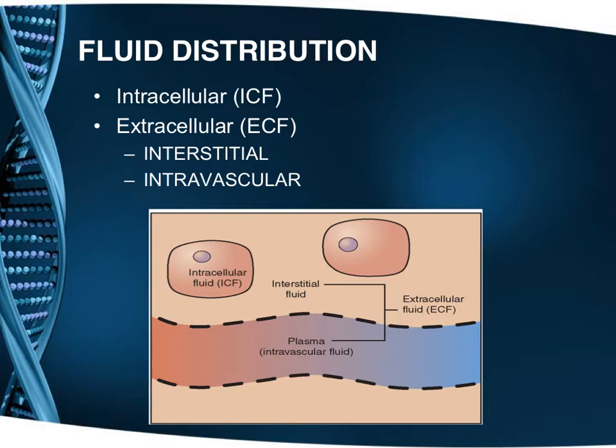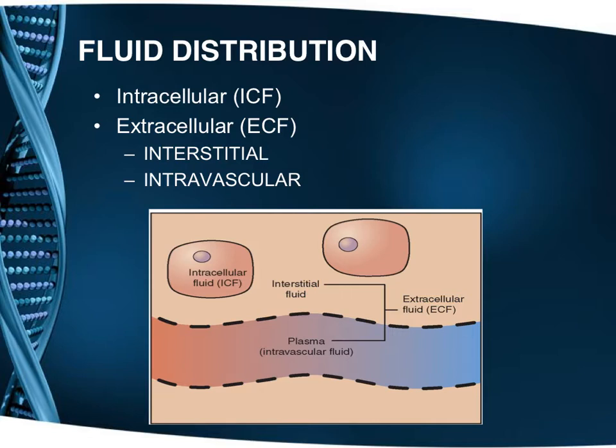Body water is distributed both inside of the cells and outside of the cells. The water that is found within the cells is referred to as intracellular fluid, or ICF, and the water found outside the cells is referred to as extracellular fluid, or ECF. Most of the extracellular fluid is found in two compartments, the interstitial space and the intravascular space. The interstitial space is the space between body cells that bathe those cells, and this fluid is sometimes referred to as tissue fluid or interstitial fluid.